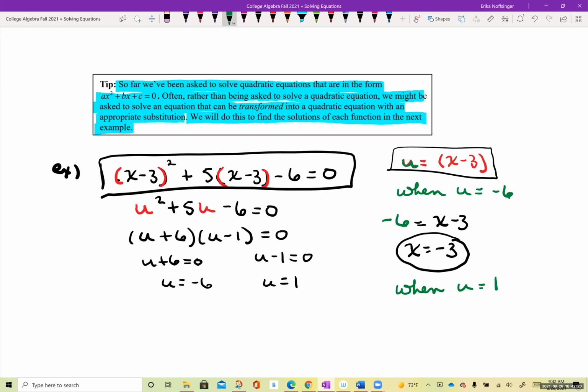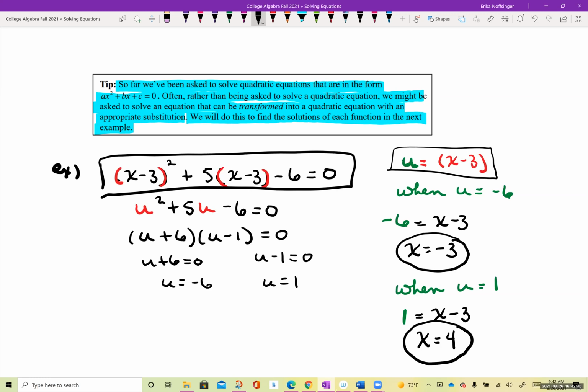And let's look at it when u equals 1. What's our other solution for u? So we're going to plug in 1 here for u. So we have 1 is equal to x minus 3. Solve for x there, add 3 to both sides, we get x equals 4. We didn't do anything when we were solving this equation like raising both sides to an even power.